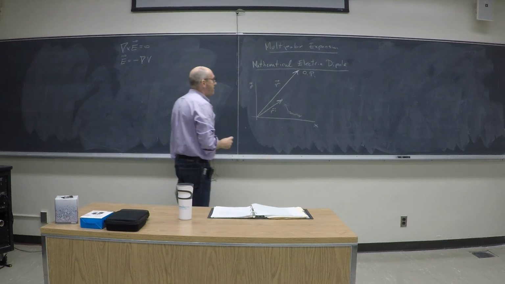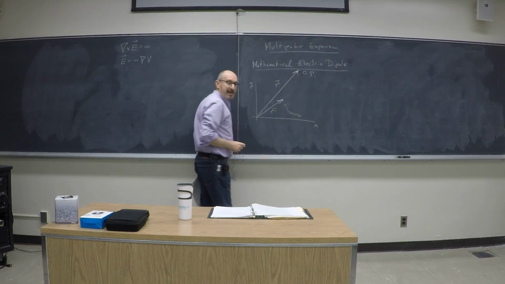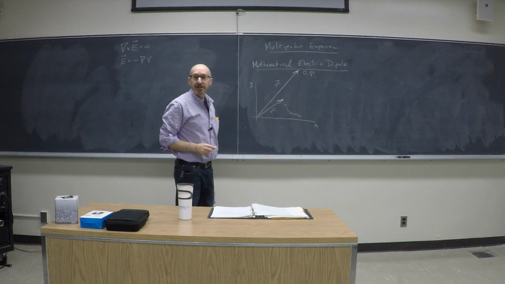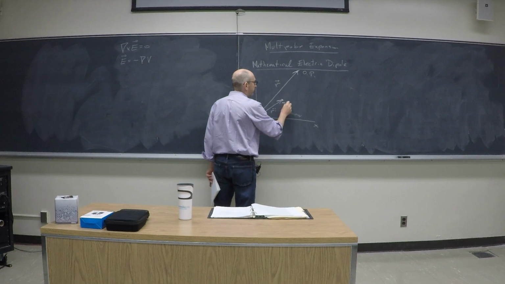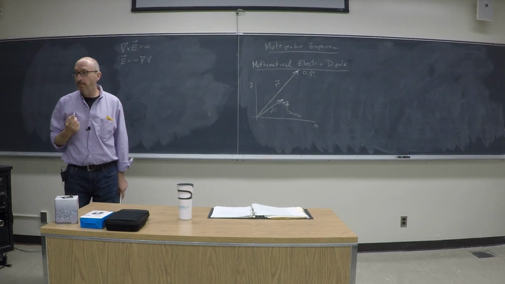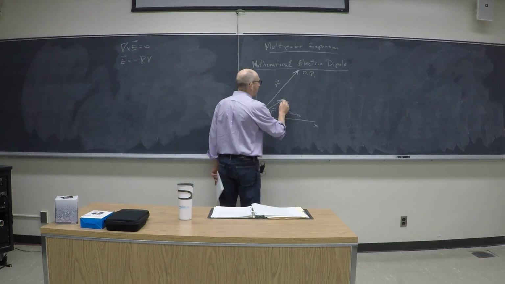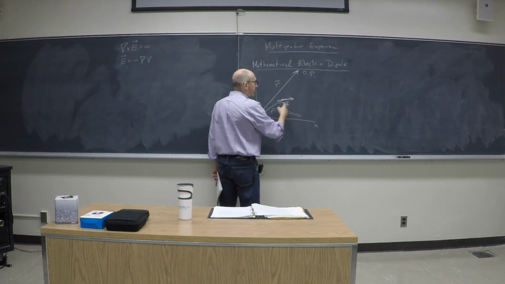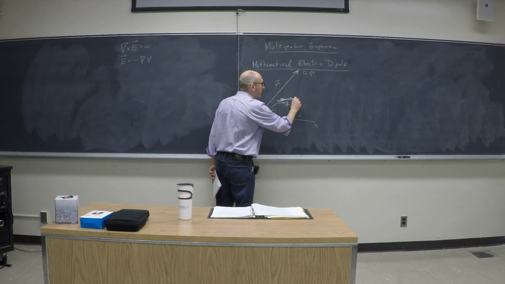Okay, so I'm going to put here, precisely at r prime, a charge minus q. And then I still need to put a charge q to make the dipole somewhere, okay? And so I'm going to do it like this. So over here I have minus q, and I'm going to put q here.